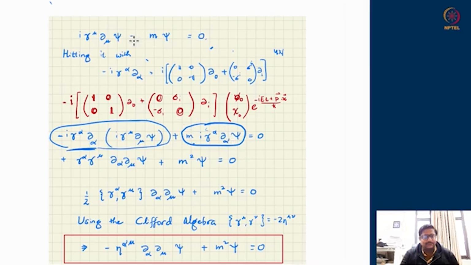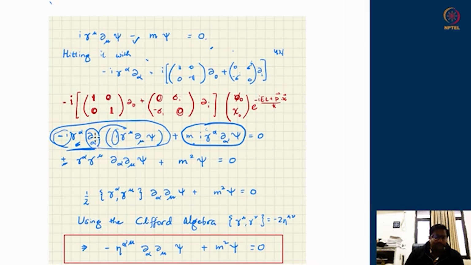So the minus term, which was already appearing in the equation of motion, becomes a plus over here, and ultimately I have these two terms, which is fine. This iota can be pulled out, multiply this minus iota, becomes plus 1, and then I have a gamma alpha and the derivative. The derivative will go across, because none of the gamma matrices have any space-time dependence. So the derivatives will just go through, and I can collect all the derivatives on one side and all the gamma matrices on the other side.